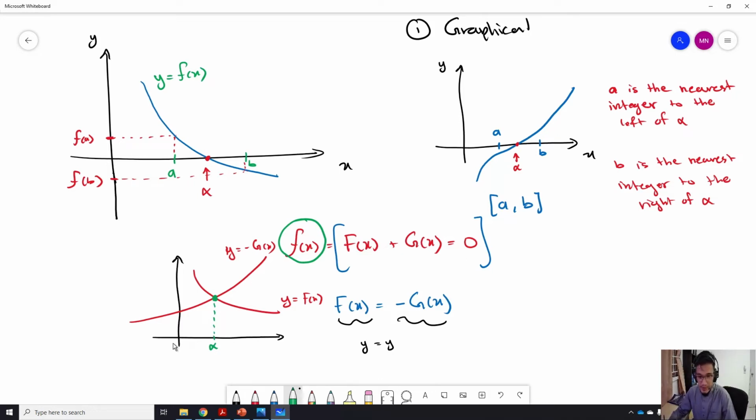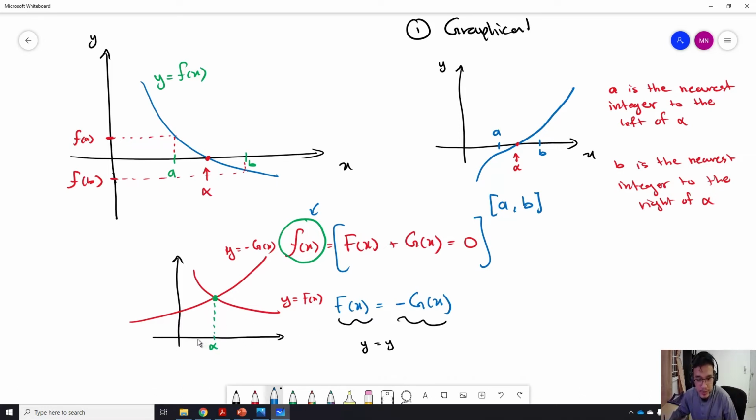Okay, so that is the first step. You separate the equation of the graph into f(x) and g(x), separating to the left and right side, and draw each of the graphs individually. Then the intersection point between the two graphs is the root for the initial f(x). So it will be marked as alpha.